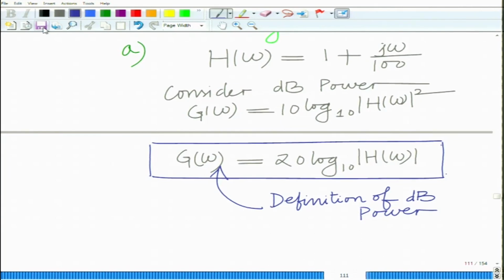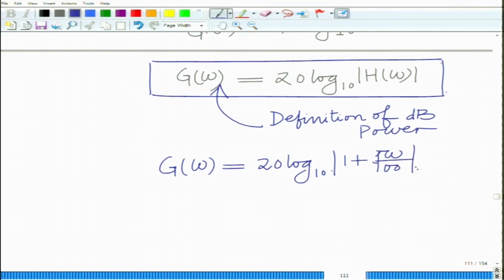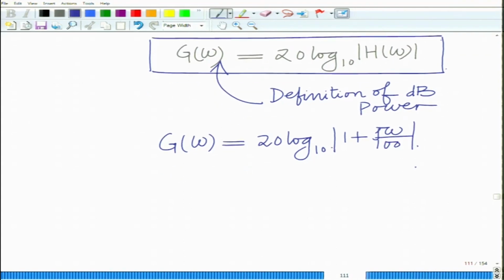Now, in this case, G of omega for the given H of omega is 20 log to the base 10 of magnitude 1 plus j omega divided by 100, and this 100 is omega c, equals 100 radians per second.